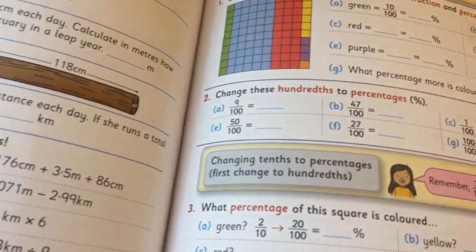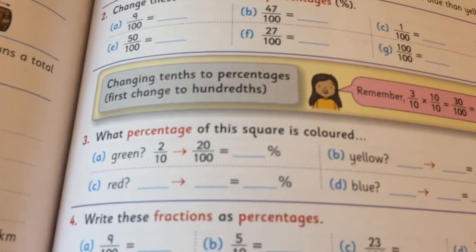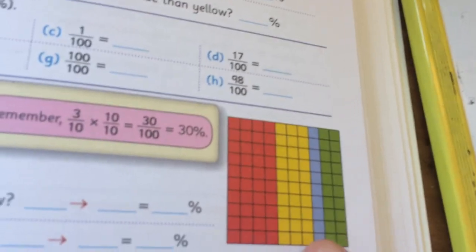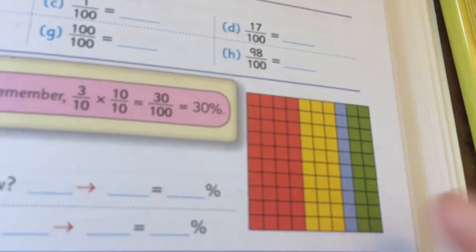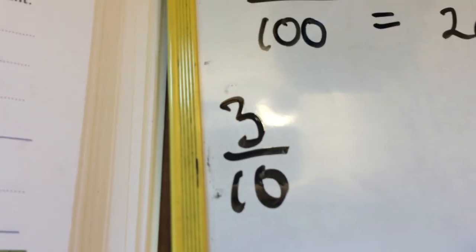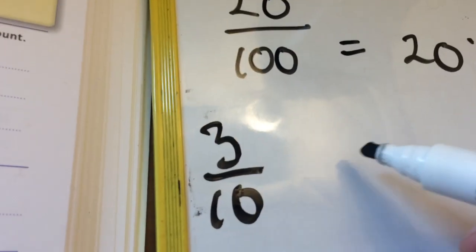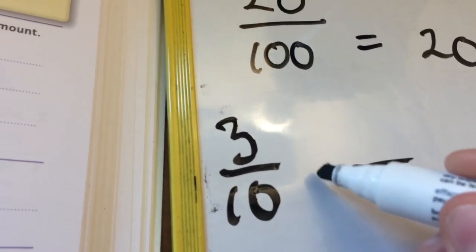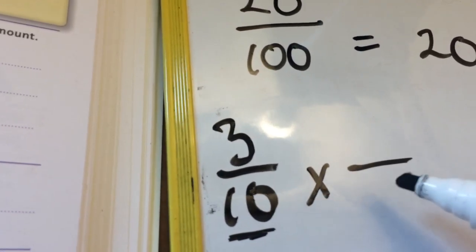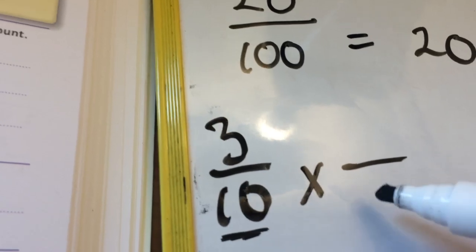All right? Okay, so I'll do one more of those just so you know. This is question B, which is yellow. So let's go over and we'll count our yellows. We have 1 column, 2 columns, 3 columns. So that's 3 tenths. What are we going to do to turn it into hundredths? We're going to multiply it by something. Our 10, we're going to multiply by what to make it into 100?